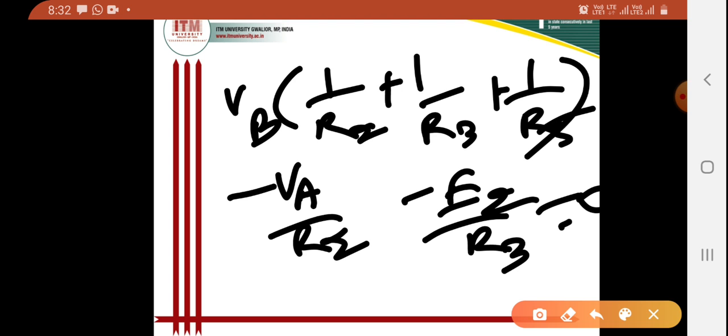So for that they employ a very simple and systematic arrangement of terms which can be written simply by inspection.